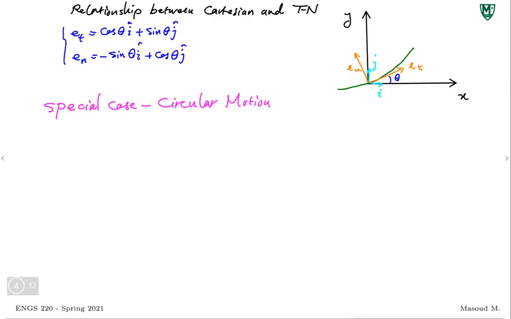So if we have, let's draw a circle and look at what happens there. Let's say this is point O, the center, as close as I can to the center. And let's say the particle starts the motion from here. It goes this way, gets to another point. And this is theta.